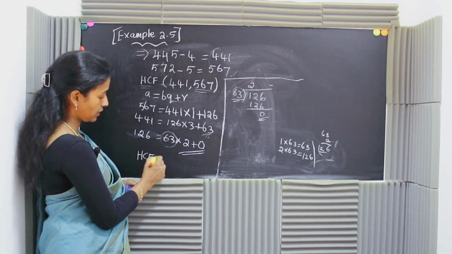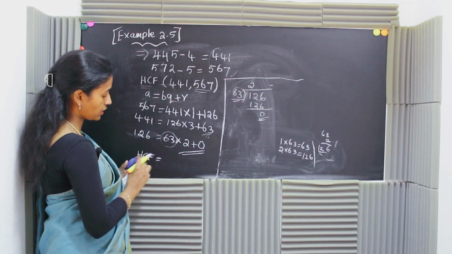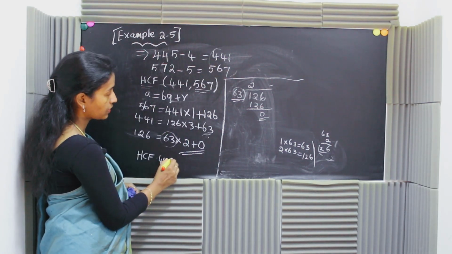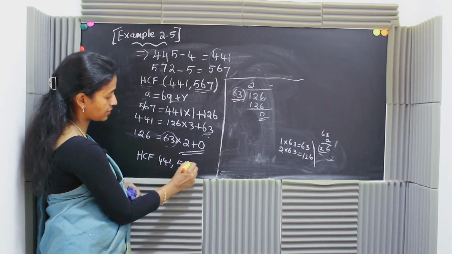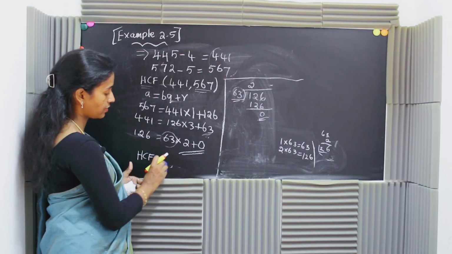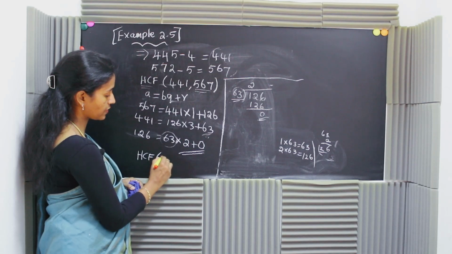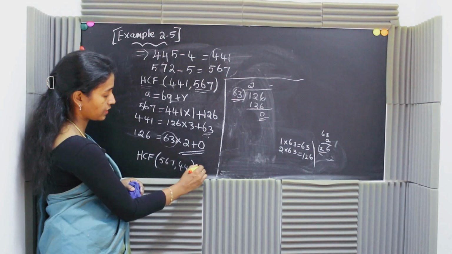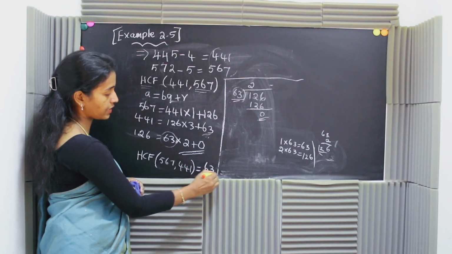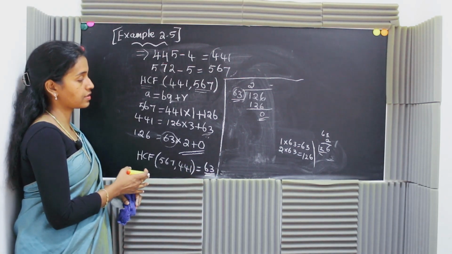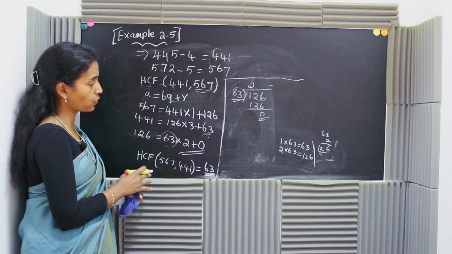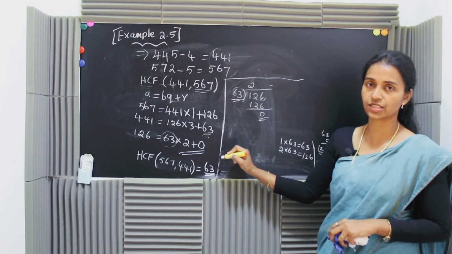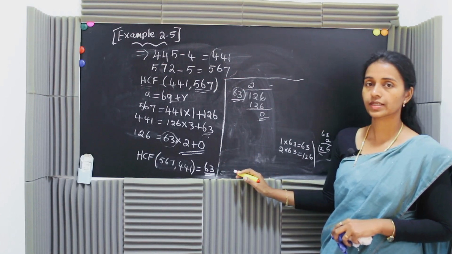HCF equals HCF of 567 comma 441. We can write the big number first. 567 comma 441 equals 63. This is the answer of example 2.5. So we have gotten 63 as HCF, right?